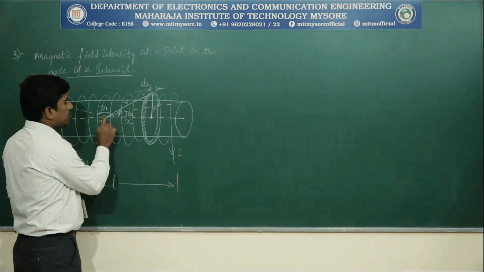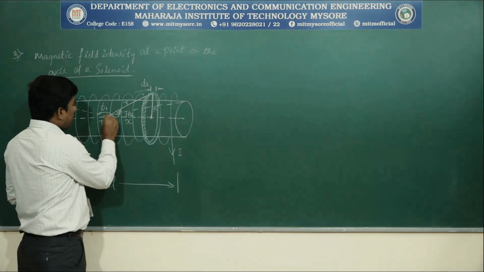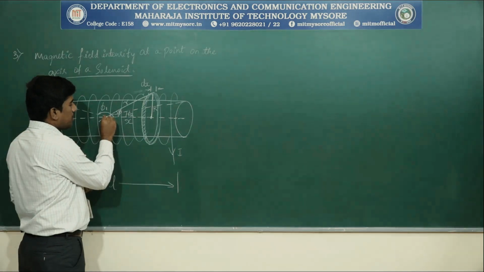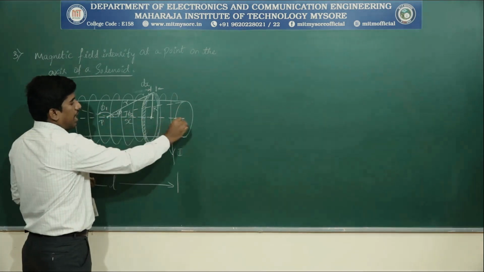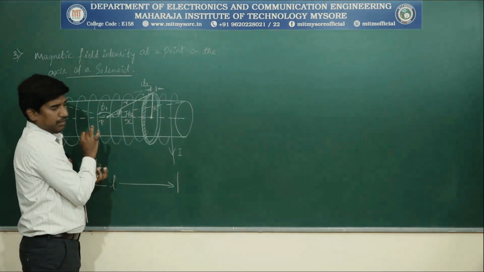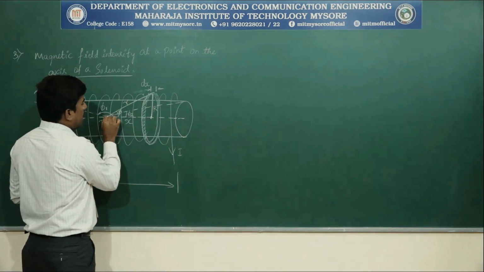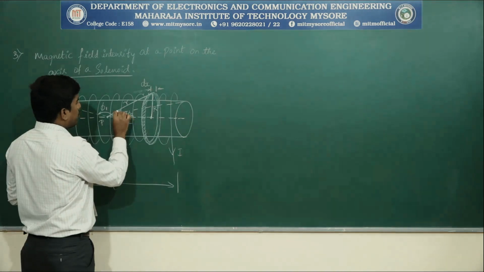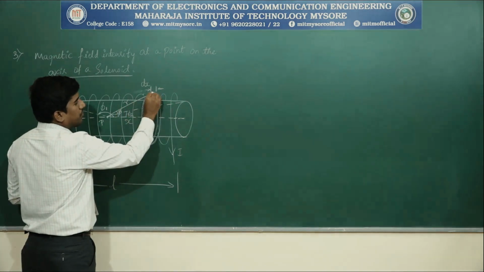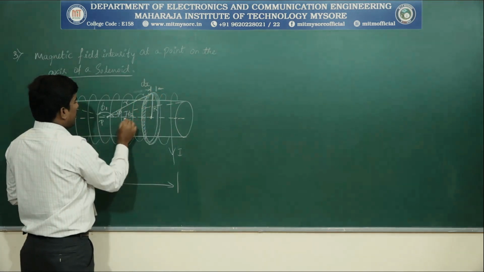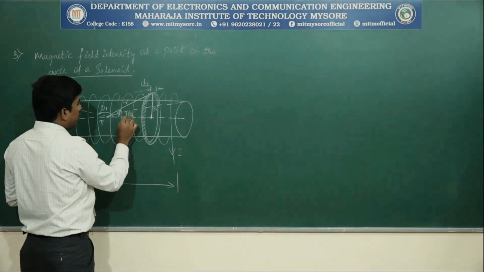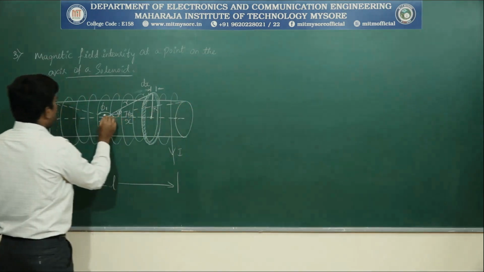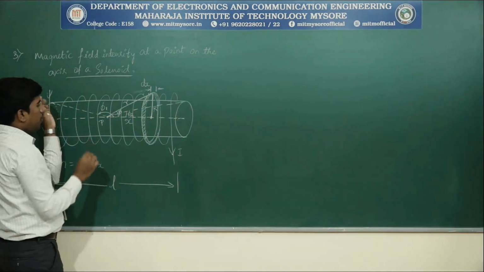Now let me explain the geometry. The arbitrary point P at which the magnetic field intensity is to be measured is taken on the axis of this solenoid. It makes an angle phi 2 with respect to the right edge of this solenoid, and phi 1 with respect to the left edge.